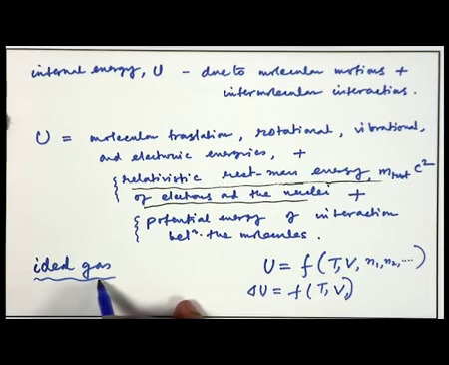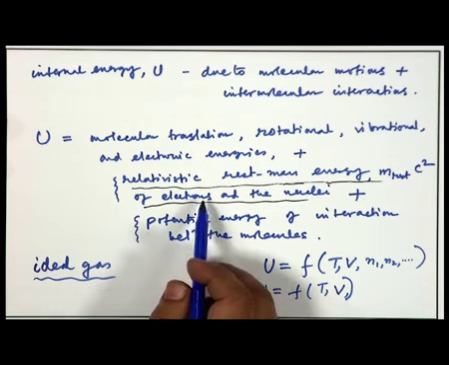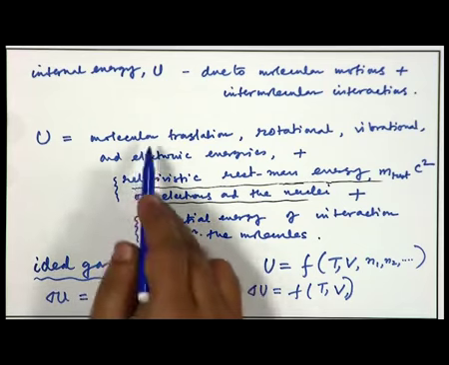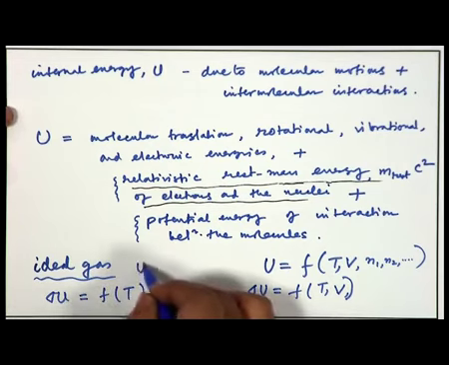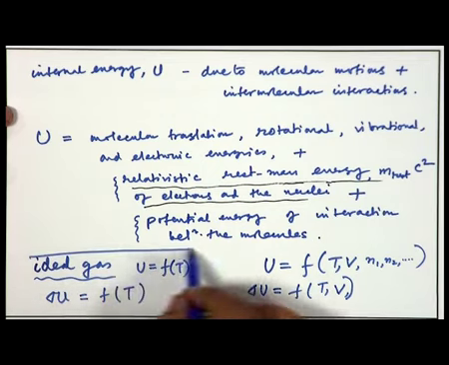So, what about ideal gas? For ideal gas, because this term is 0 and this is constant, del U only depends on temperature; U of ideal gas is only a function of temperature. Instead of del U, we can write U as a function of temperature for ideal gas.